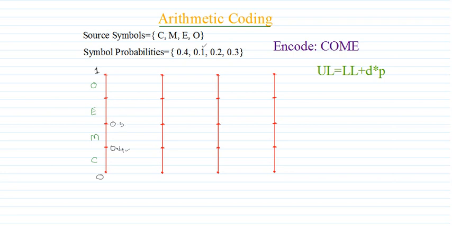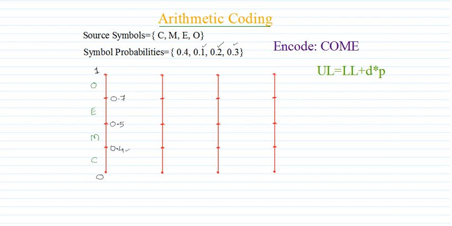That will act as the upper limit for M. Next I have the character E with probability 0.2. I add this 0.2 to 0.5 and I get 0.7. The last character is O with a probability of 0.3. If I add 0.3 to 0.7, I get 1. So this completes the first step.